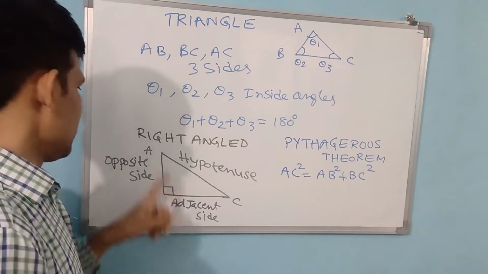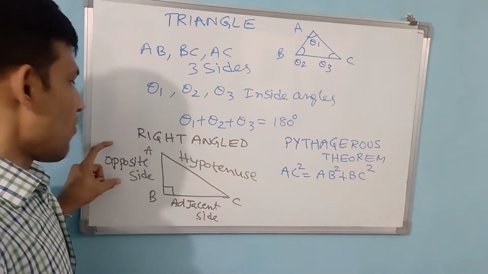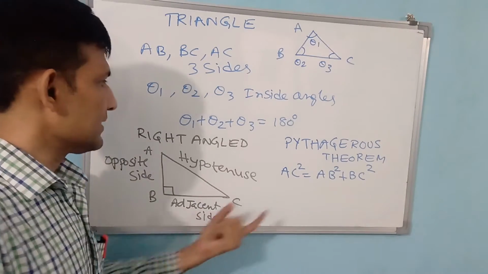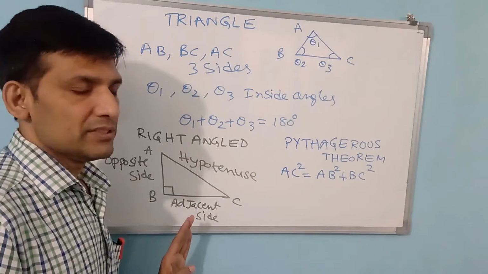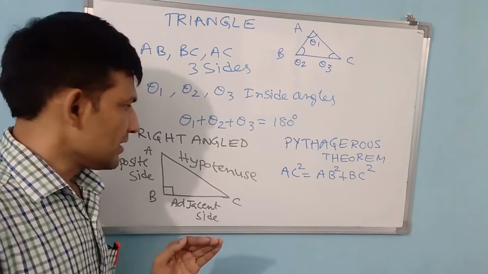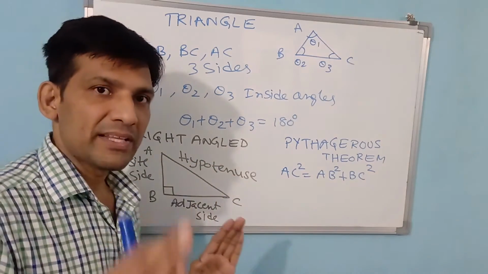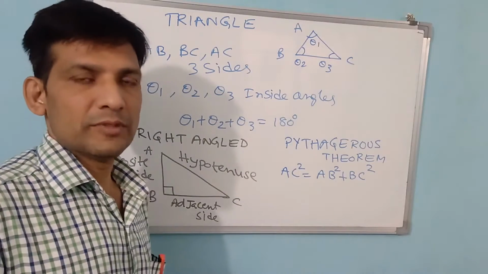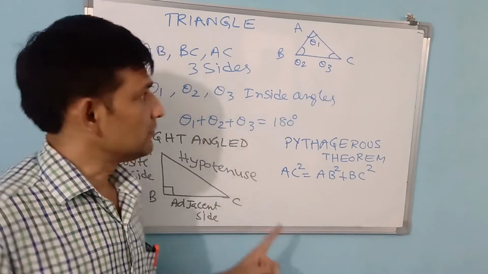What is AC? AC is the hypotenuse. Hypotenuse square is equal to opposite side square plus adjacent side square. This is called the Pythagoras theorem. In a right angle triangle only, the Pythagoras theorem is applicable. Okay.